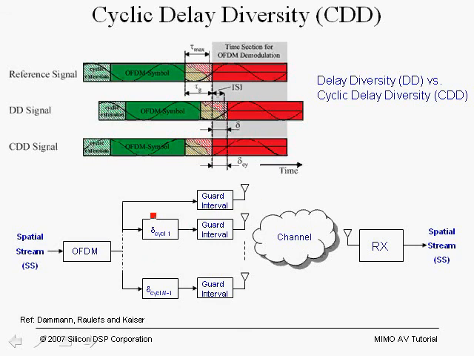So what we do is, for the first transmit chain, we don't introduce any cyclic delay. For the second transmit branch, we introduce a cyclic delay, here shown as delta cyclic 1. And remember that the cyclic delay on the OFDM symbol then translates into the guard interval. So what we do is we actually do a cyclic shift within the OFDM symbol and then attach the cyclic prefix.